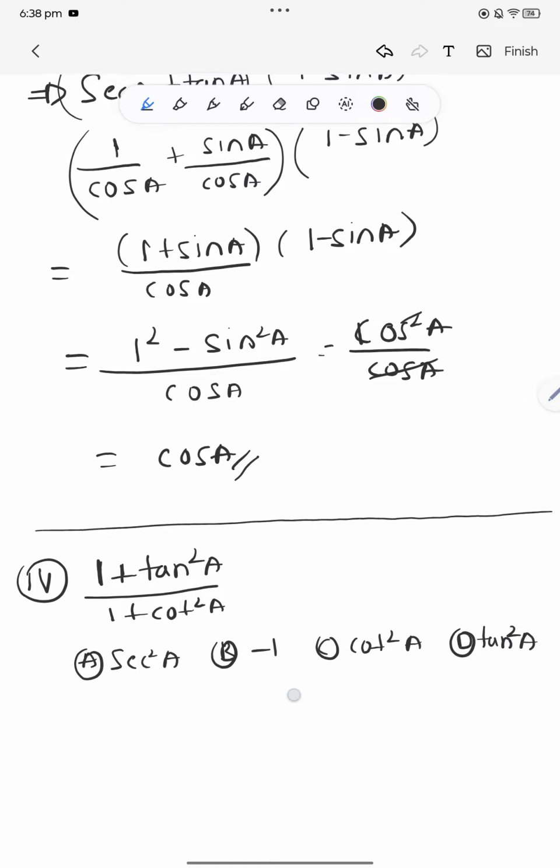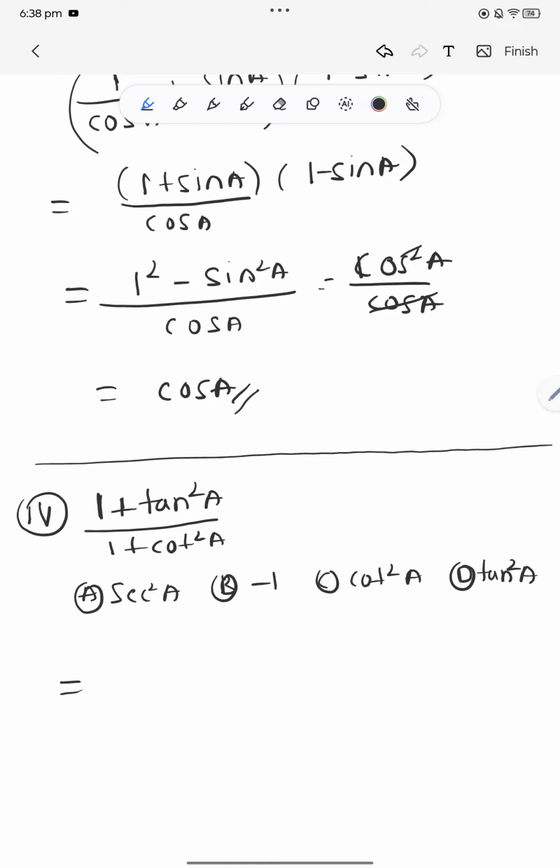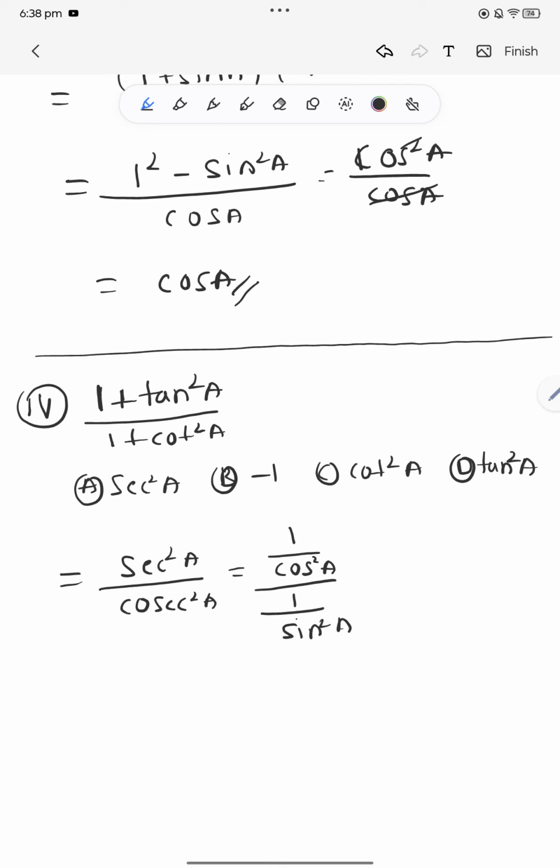So we already know the formula: 1 plus tan square is equal to secant square A. And 1 plus cot square is cosecant square A. So the reciprocal of secant is 1 by cos square A, and the reciprocal of cosecant is 1 by sin square A. This is of the form (A by B) whole divided by (C by D).